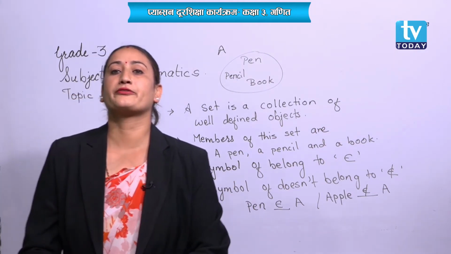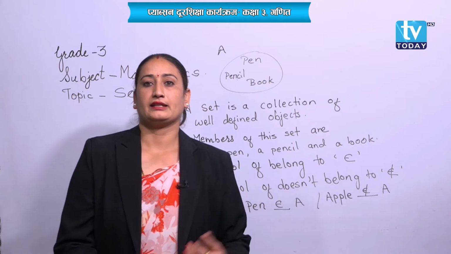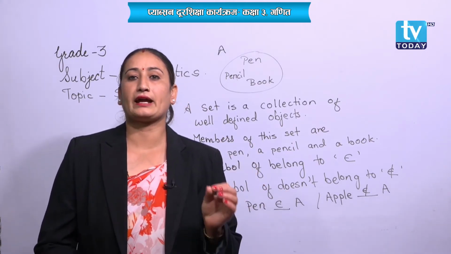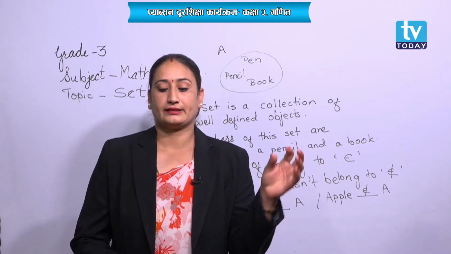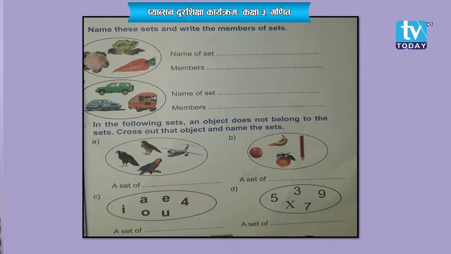So, from these pictures, let's try to write the name of the sets and then the members of each set. First picture is here. What is the first picture? Students, in the first picture there are cauliflower, cabbage and carrot, right?